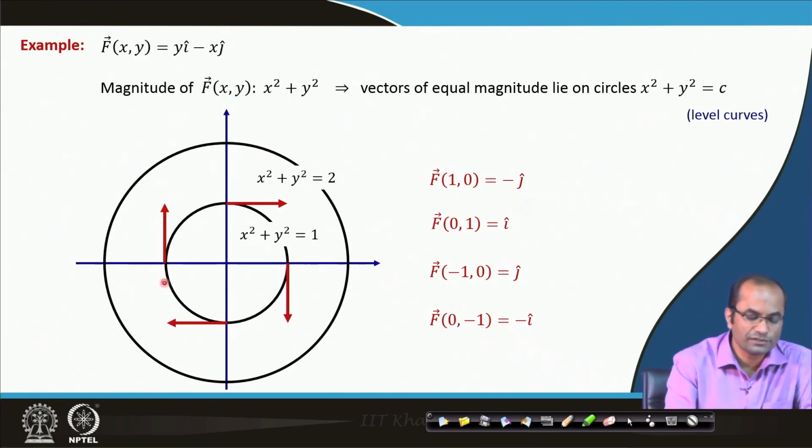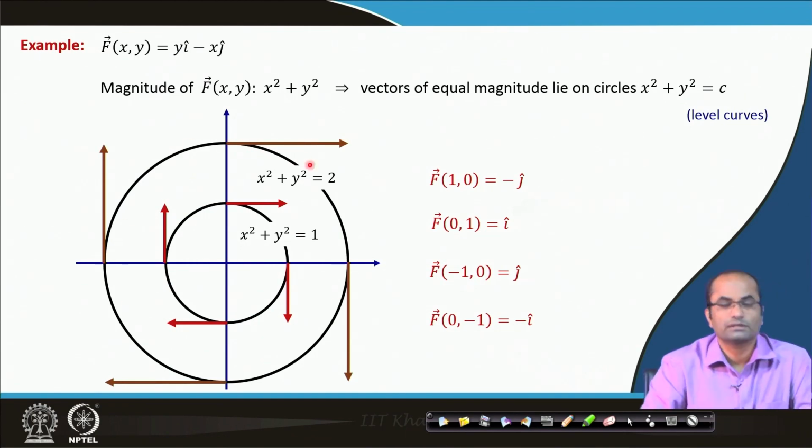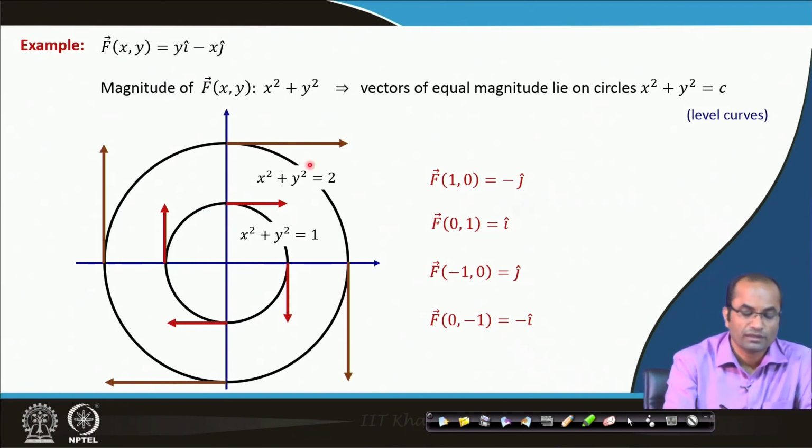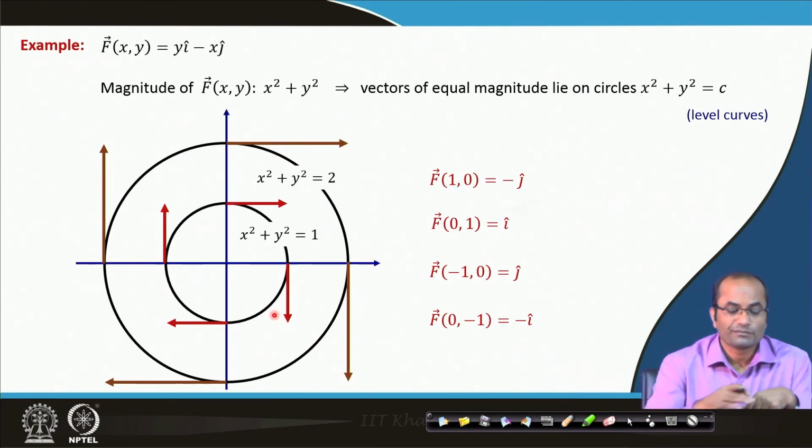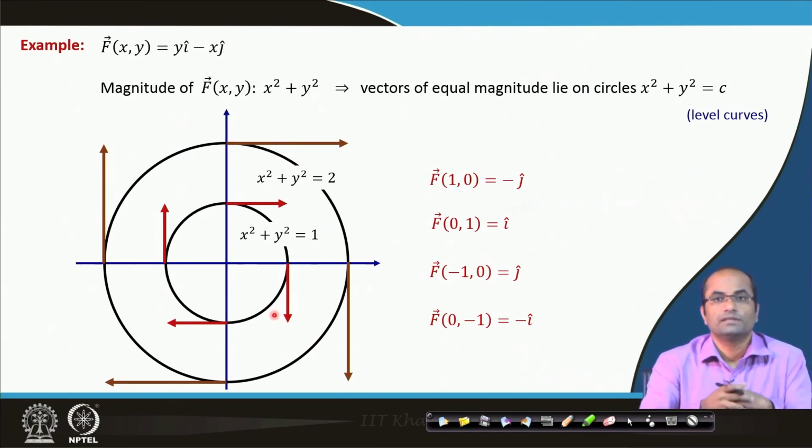That is the visualization for this vector on this particular curve. All these vectors have length 1, but if we draw from the outer circle whose radius is square root of 2, the vectors will be longer than on circle 1. Similarly, we can have several of these concentric circles, and on each circle we can draw the direction of these vectors.